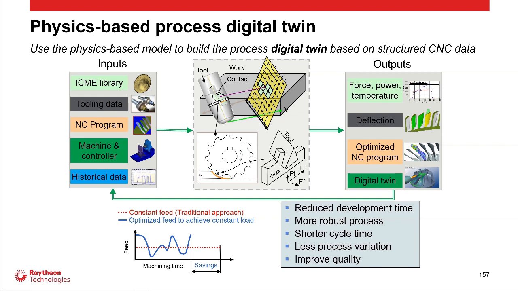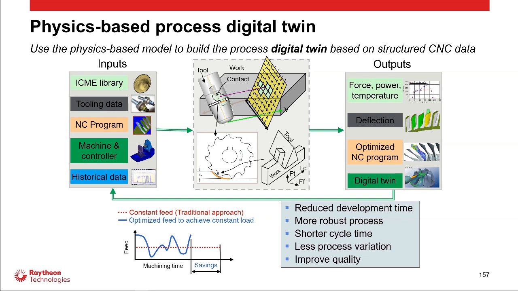Thereafter, you can calculate how much force each drive axis needs to achieve that motion, together with the spindle power consumption and the load applied on the spindle. Eventually we can also calculate the deflection applied on the workpiece side, and also optimize the program.